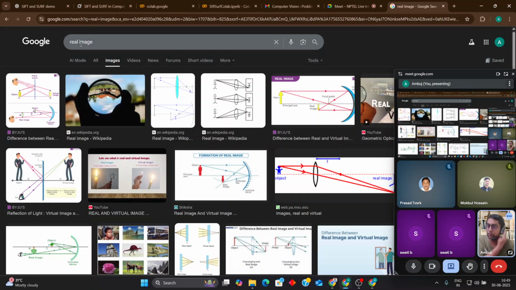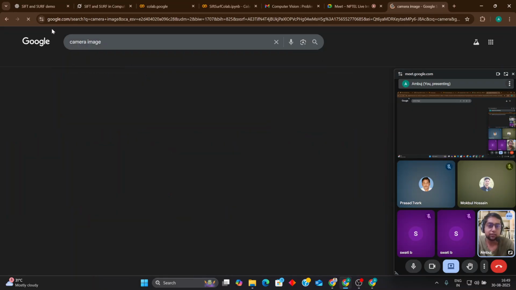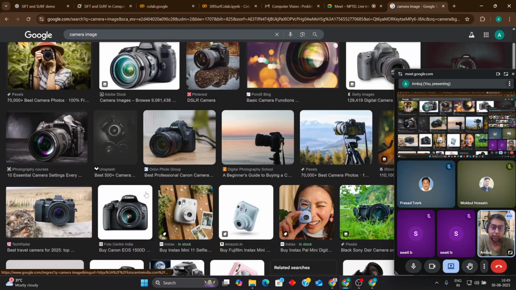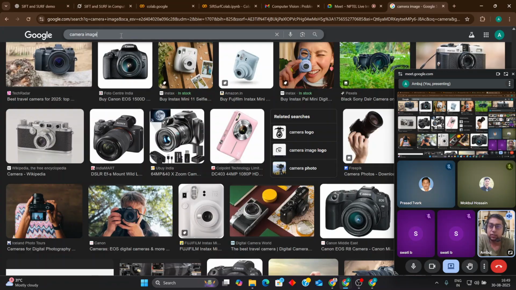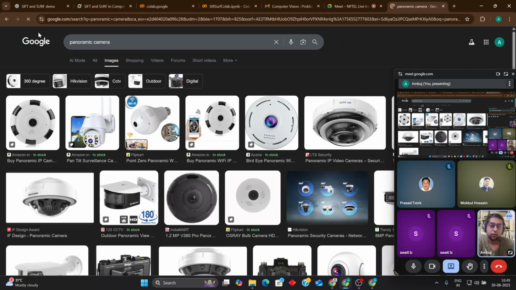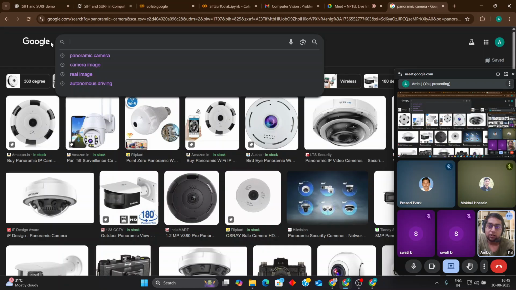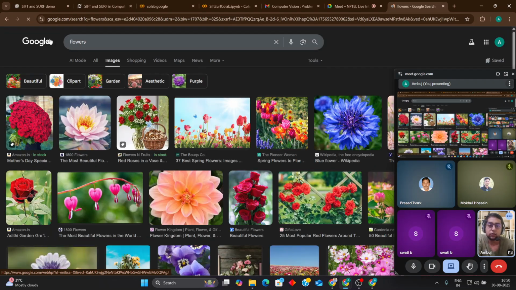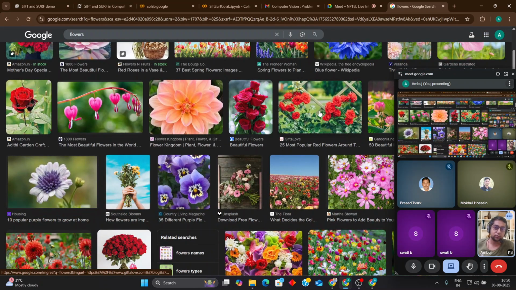Camera image, it is also not working. Any camera image, not like this. Any panoramic image, panoramic camera, okay, no problem, nothing like this. What should I tell? Flowers? Yeah, this particular image is very good for us to demonstrate.